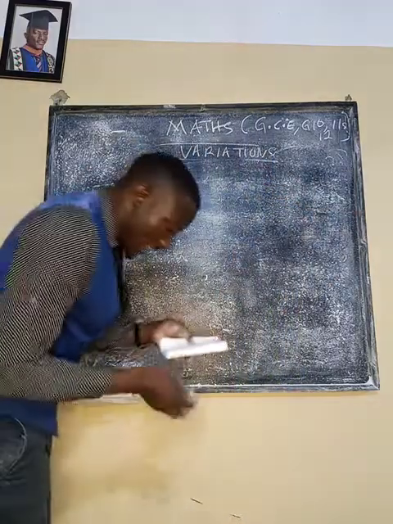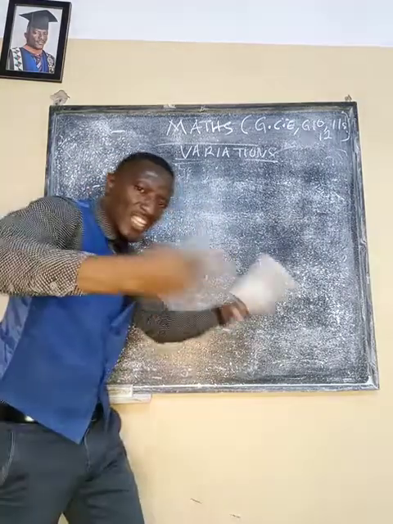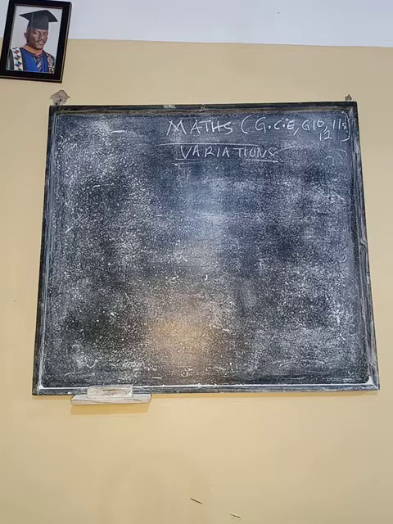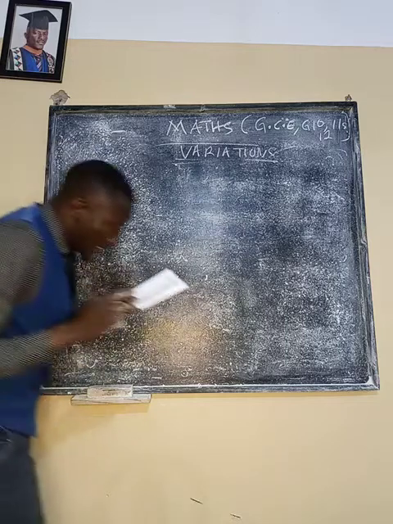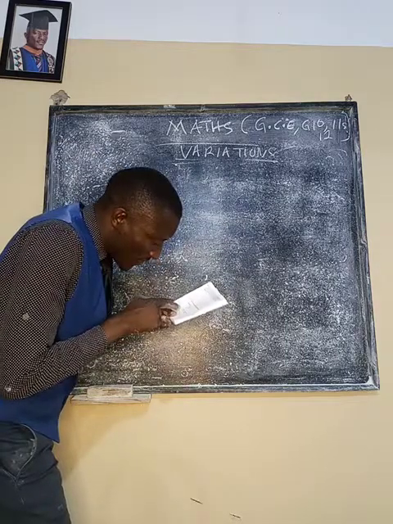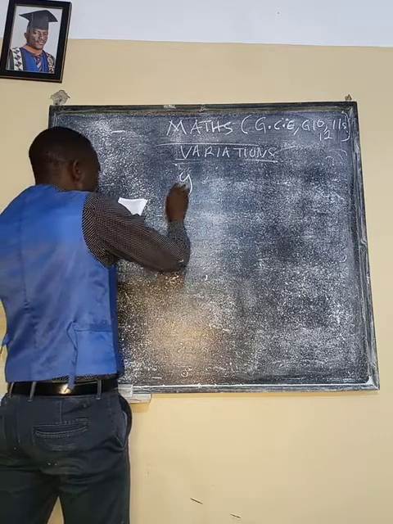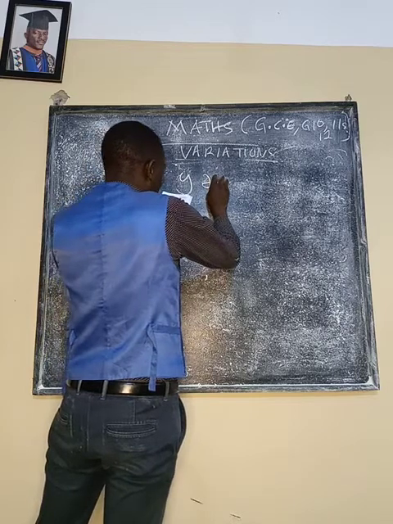Remember, I mentioned that you need an equation. The first letter of your equation is given: y. So our equation will be y varies directly as a cube root.